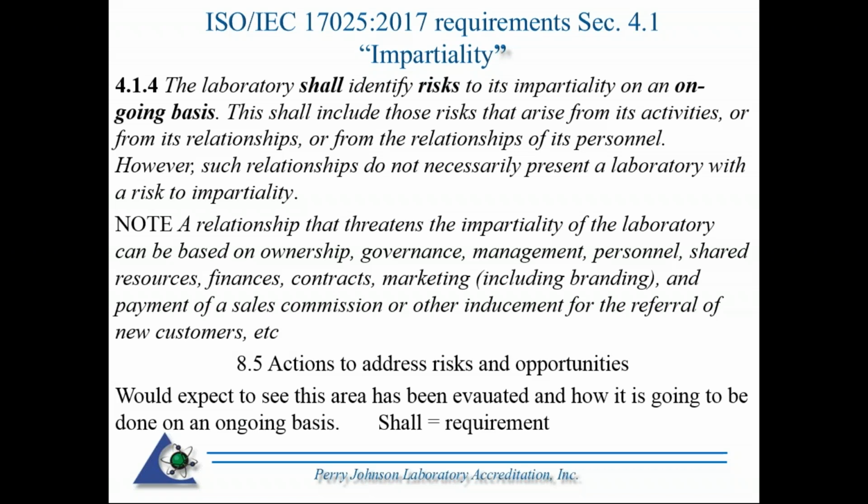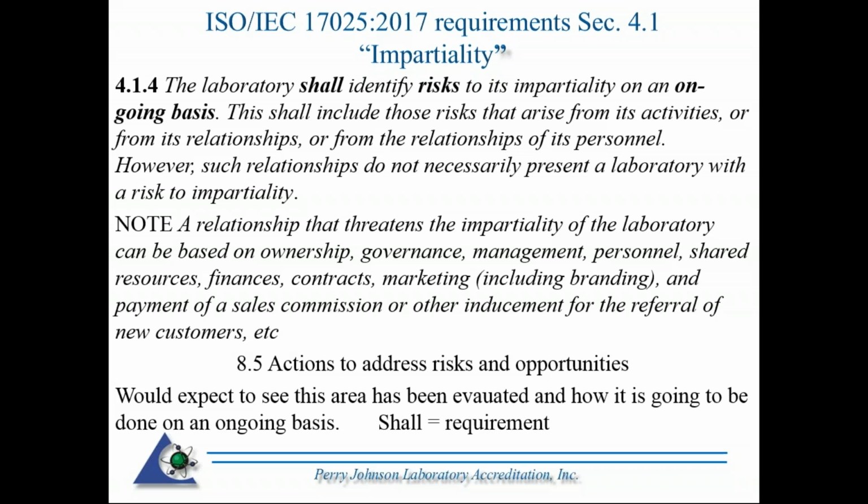If you look at what's being required here, and this is specific to impartiality, you shall identify risk to impartiality, and it's on an ongoing basis. This requirement can also be crosswalked within the laboratory when you're looking at compliance with Section 8.5.